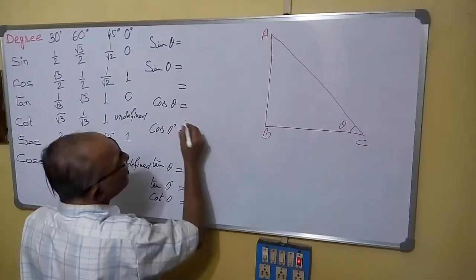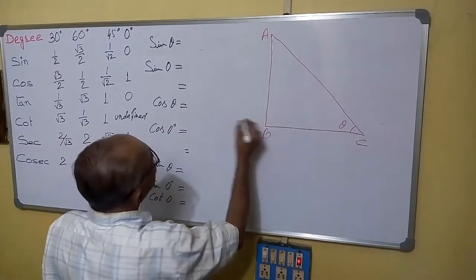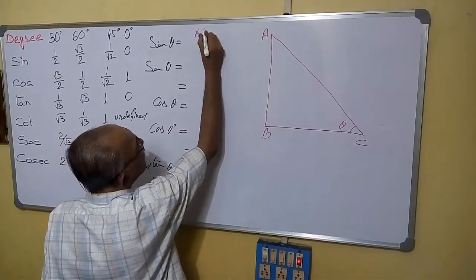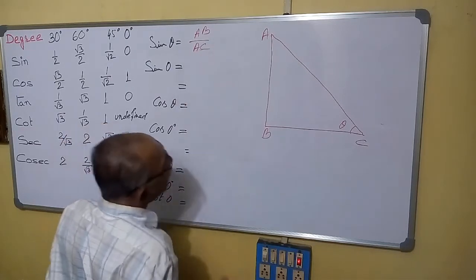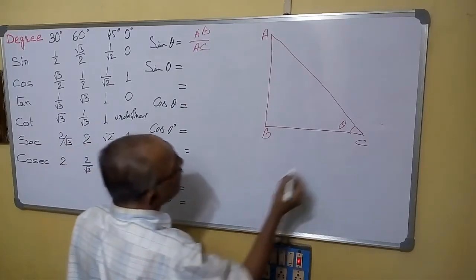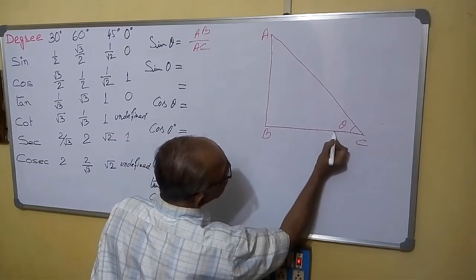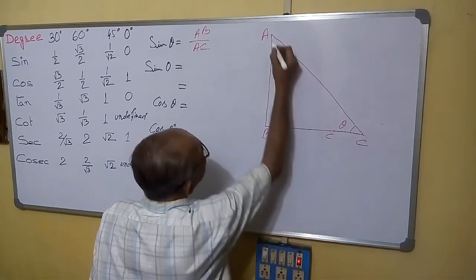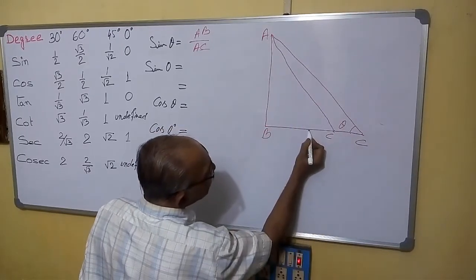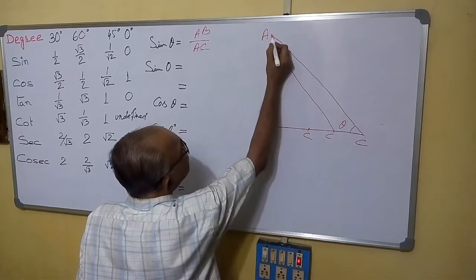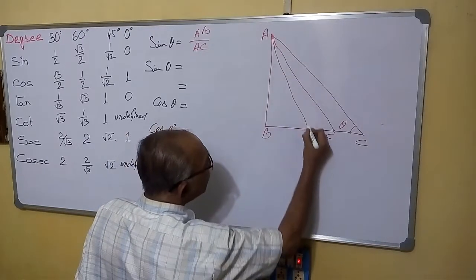So what do we know? Sin theta equals AB by AC. Now see, if we are bringing this C nearer here, what will happen? This line is coming here. If we bring it further nearer, it will come further nearer.